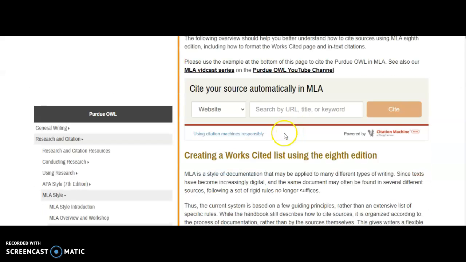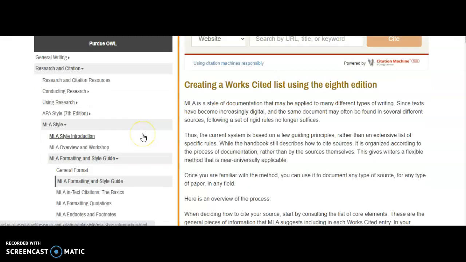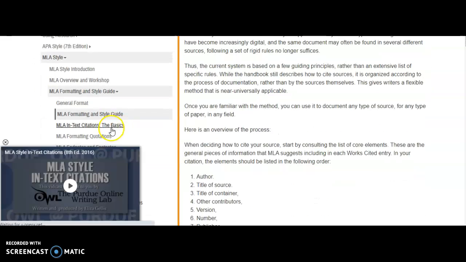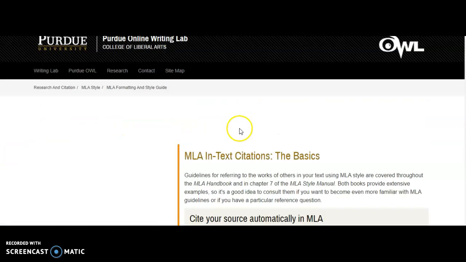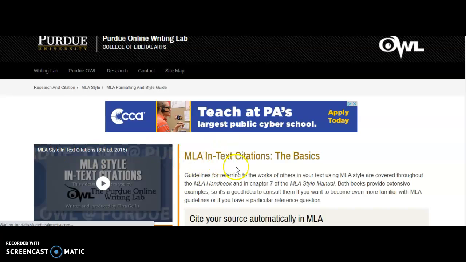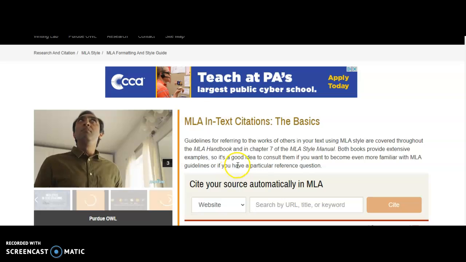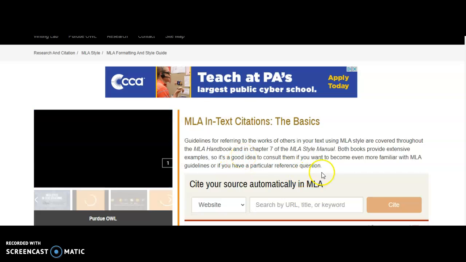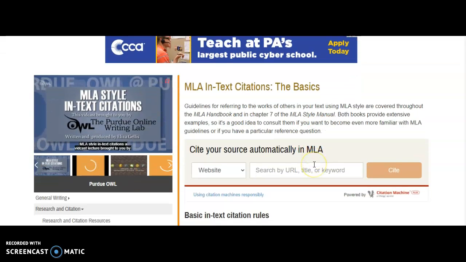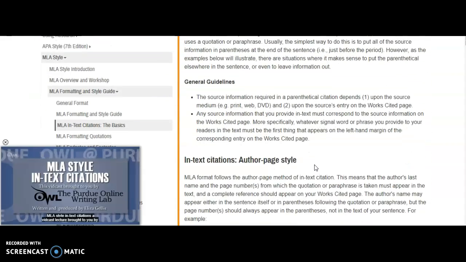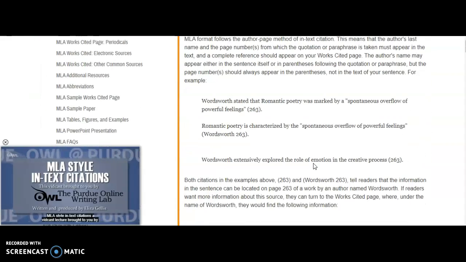And this has a lot of useful information in terms of in-text citations, because remember, whether you paraphrase, quote, or summarize. If you're quoting, make sure the quote is really great, really special. Avoid block quotes, quotes that are 4 lines or longer. But basically, whether you're paraphrasing, summarizing, or quoting, you need to have some kind of in-text citation.